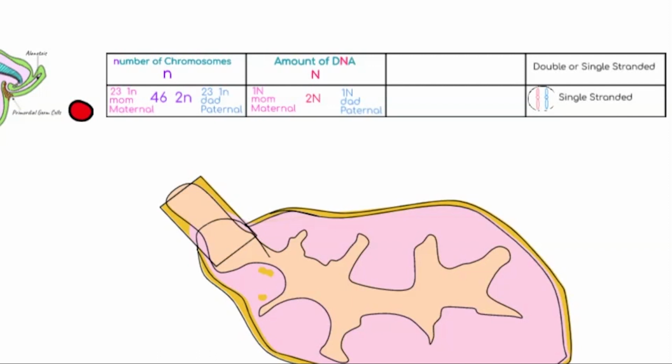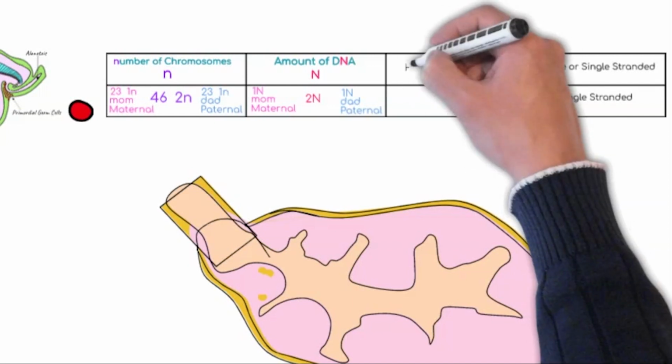From here, it's on its way to go through the process of becoming a sex cell, which is oogenesis in females. With a full set of 46 chromosomes, this primordial germ cell has 2 small n for the number of chromosomes and 2 big N for the amount of DNA, and it is diploid or haploid, if you remember.